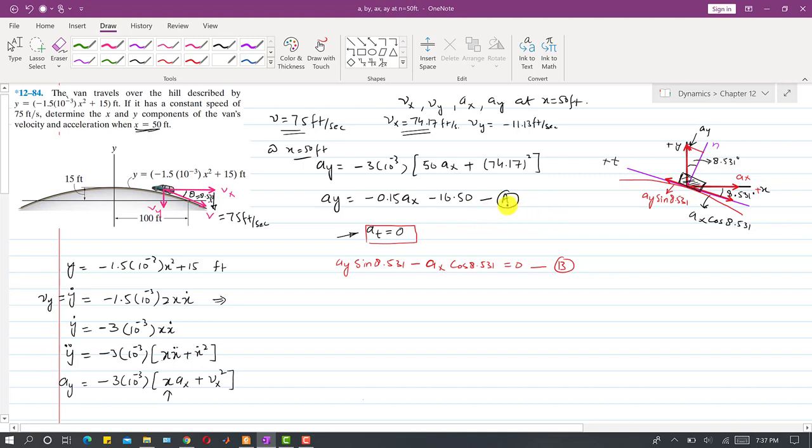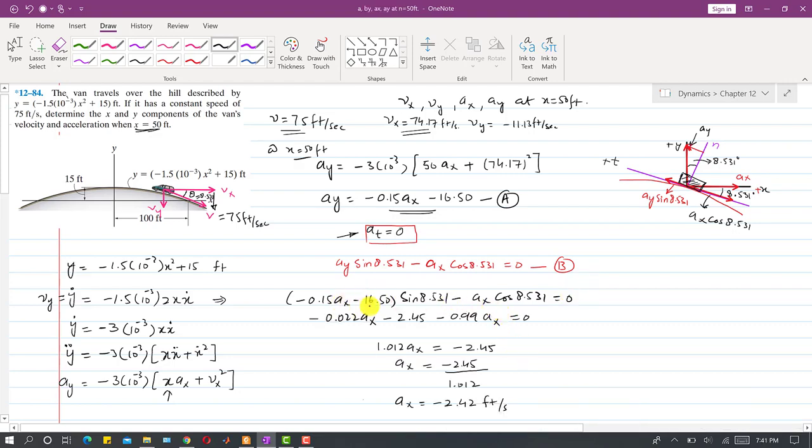So we can substitute equation A in this, which will give us the ax acceleration. I can substitute ay in this equation, so this will be minus 0.15 ax minus 16.50 sine of 8.531 minus ax cos of 8.531 equals 0.